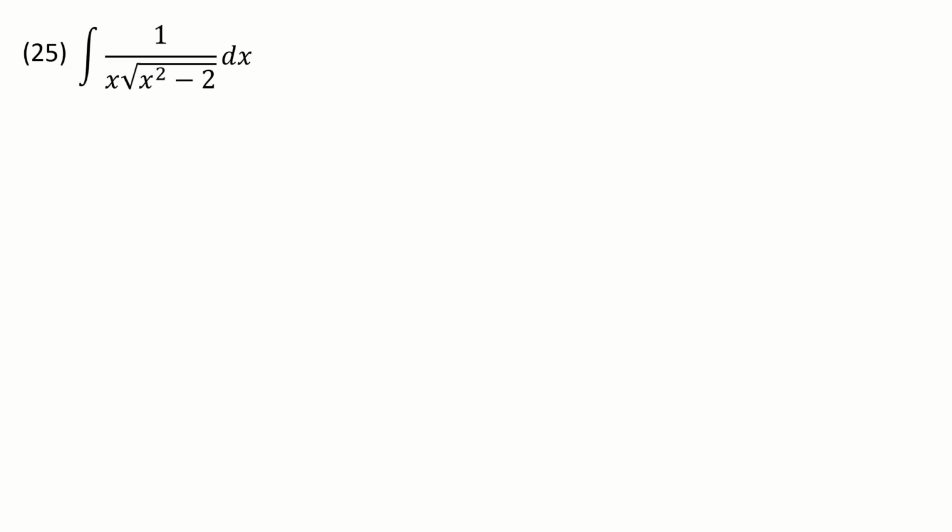Finally, let's look at problem 25. Again, we will deal with an integral with respect to the fraction, and also we have a square root in the denominator. Note that we have x in the denominator, so the power is 1, which is odd. So we multiply x on both numerator and denominator, and we rewrite it this way.